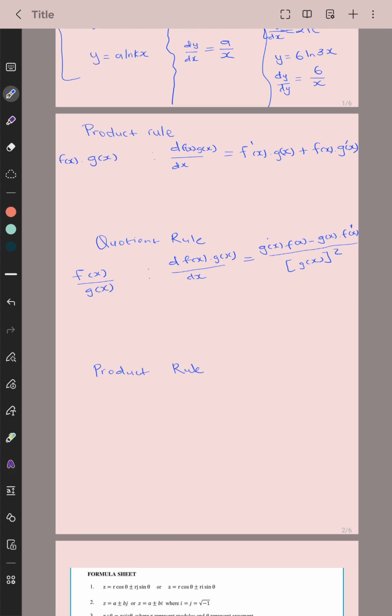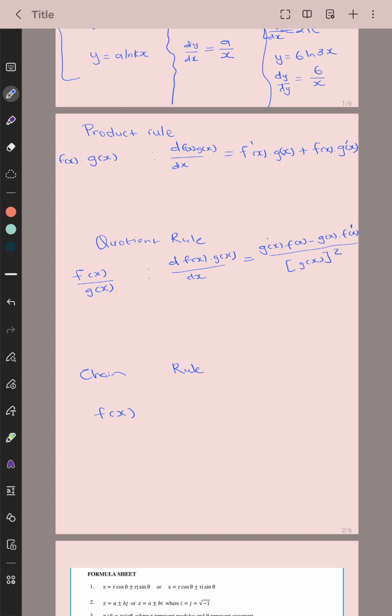This is not our product rule. This is our chain rule. Okay, chain rule, what does it say?